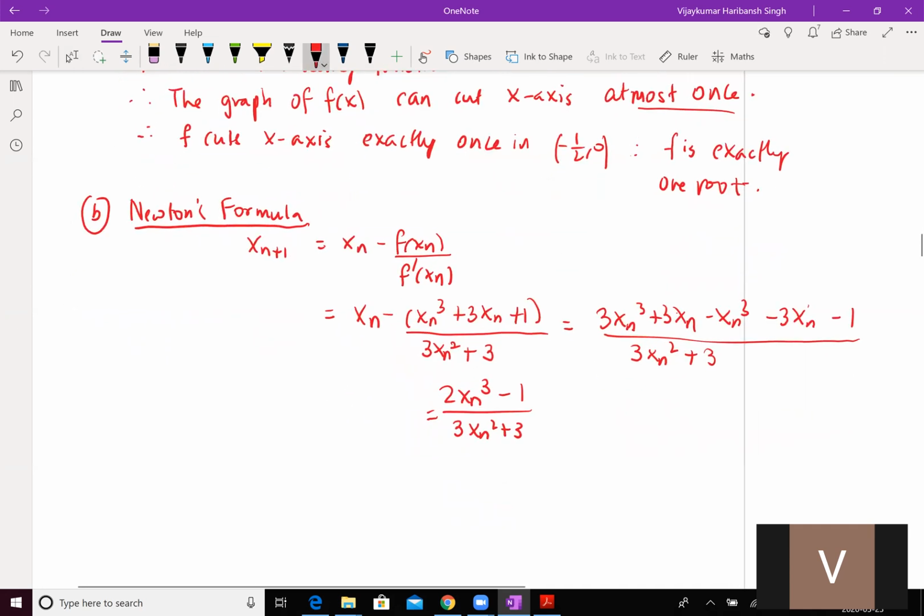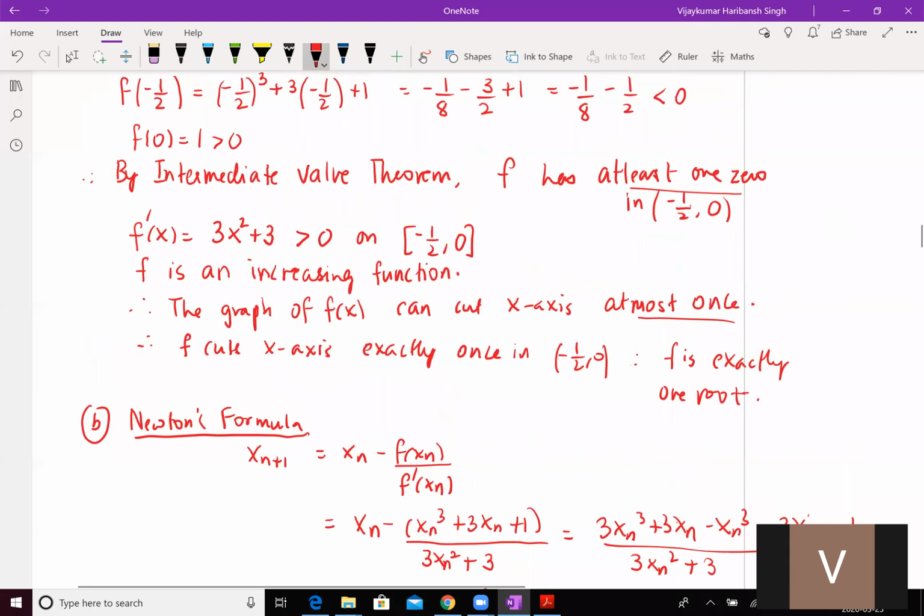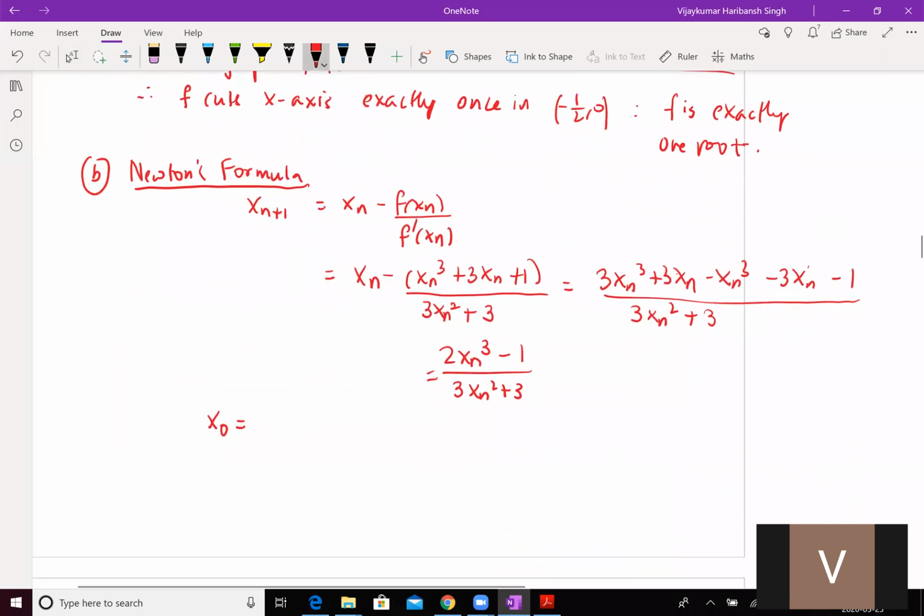Now you can take x0 to be any number of your choice. You could have chosen minus half or 0. I will rather choose something in between, which is minus 1 by 4, so this is minus 0.25. Now from there, can you compute x1? I'm going to use my calculator here. It will take me a minute.